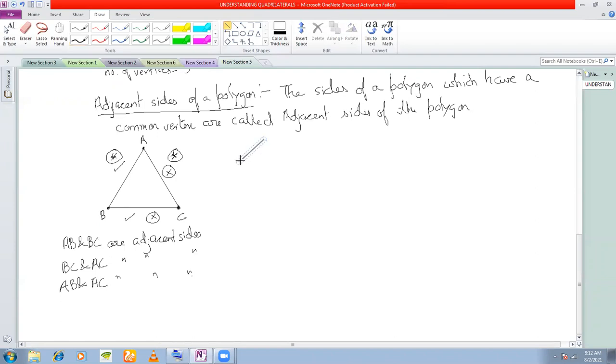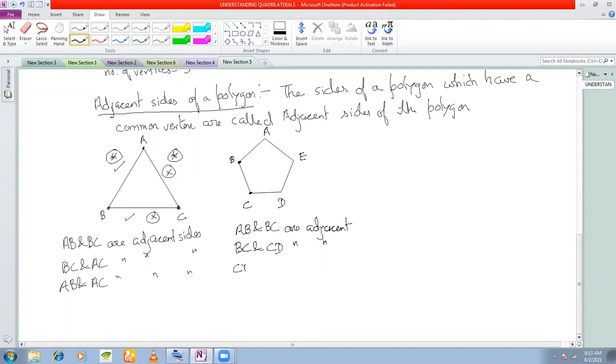Okay. Let's take another figure. Let's take a pentagon. Which sides are adjacent in this? At B, AB and BC are adjacent, because they have a vertex B in common. Look at vertex C. BC and CD are adjacent.